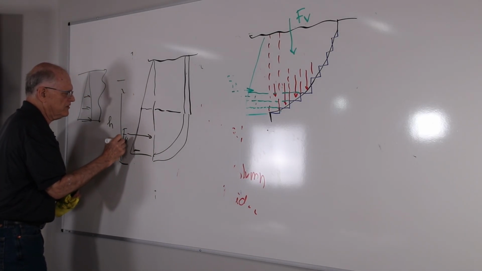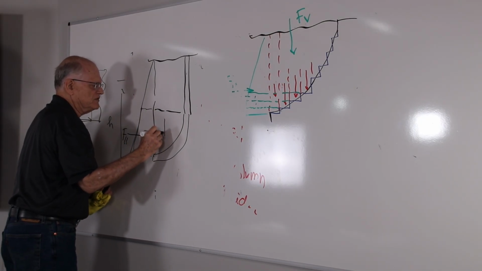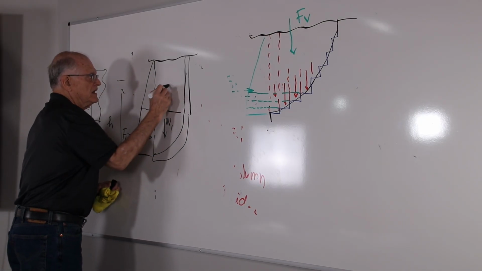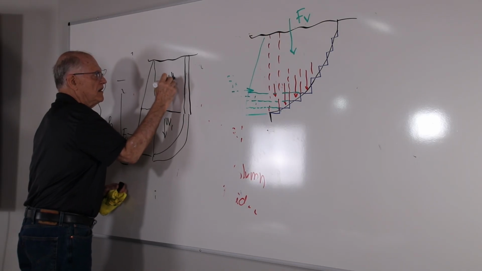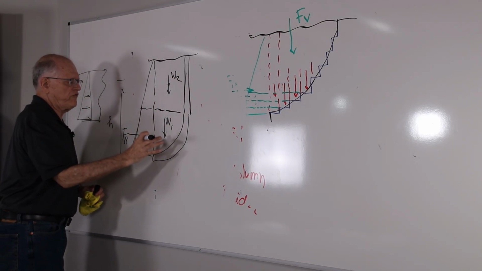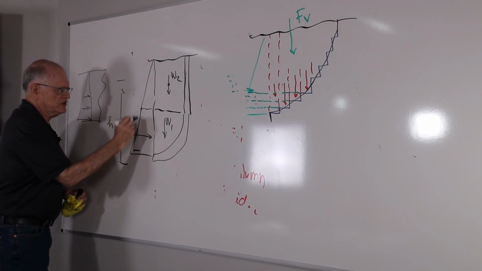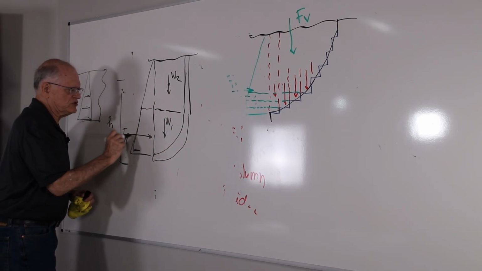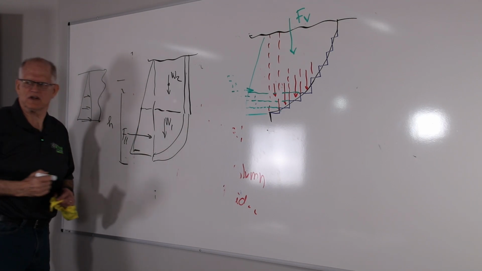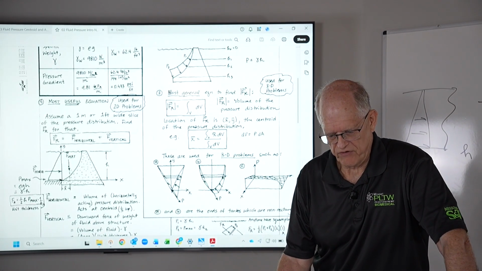So the F horizontal is a trapezoid. And then the vertical on this guy is W1 and W2. And so this total weight and this total weight. And so the vertical force is from this plate all the way to the surface. The horizontal is just this trapezoid, because it's just this trapezoid that acts on the cross-section of the curve, okay? And so that's how the horizontal and vertical works.